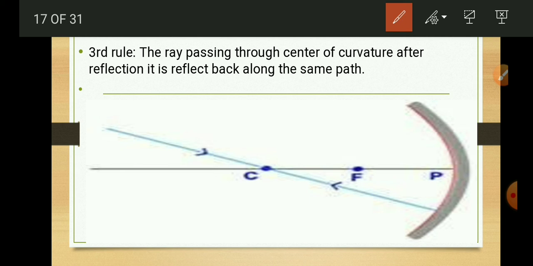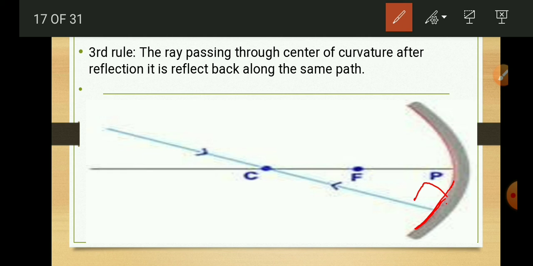That is, any ray passing through the center is normal to the mirror, as the center of curvature is the center of the hollow sphere, and so the ray passing through the center makes a 90-degree angle with the surface. It is incident normally on the surface.